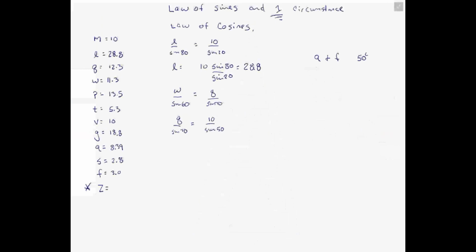I gotta get that pencil. All right, so now we have sine x equals f over z, sine 50. And sine x works out to be something like, I don't know, 0.34, something like that.